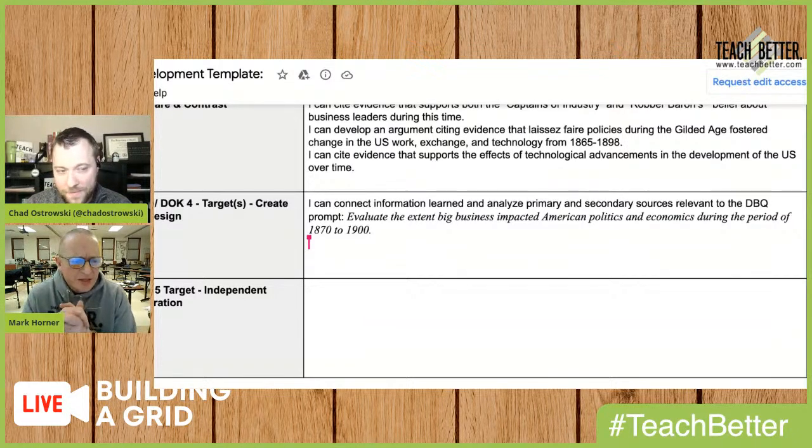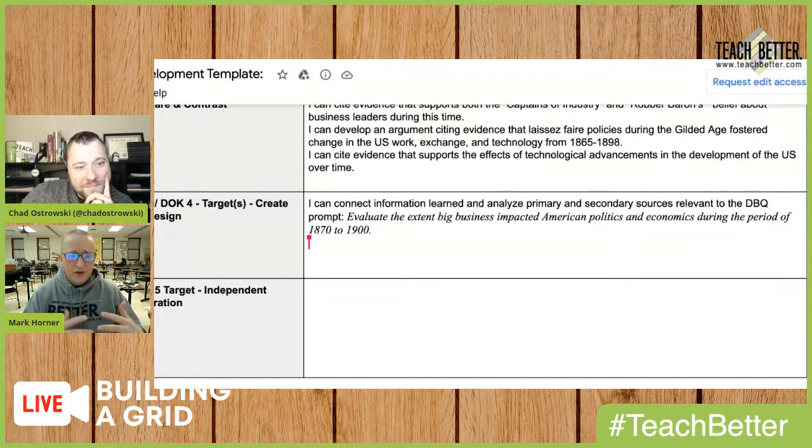So Chad, let me ask you this. I'm reflecting on previous lessons that I've had dealing with this. I have had kids who have come in and they're like, man, Andrew Carnegie, John D. Rockefeller, J.P. Morgan, they are clearly robber barons. But I've had others who've come in and they've argued for laissez-faire capitalism.